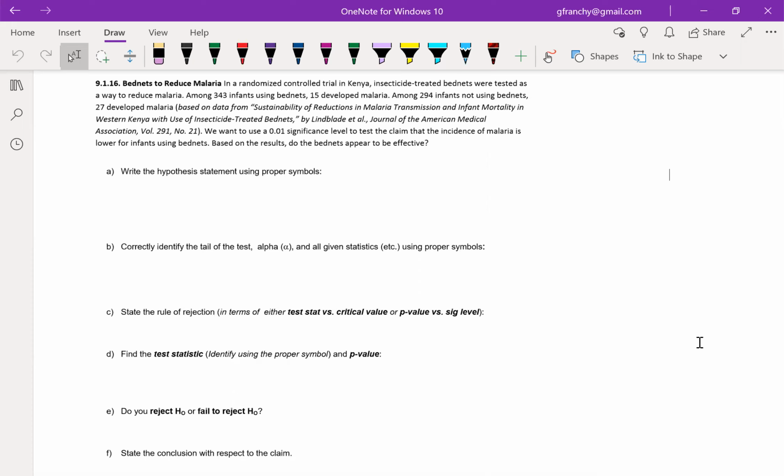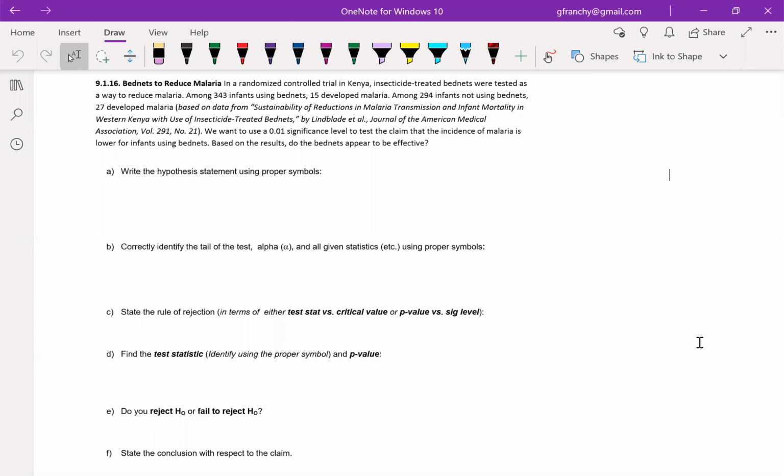Among 294 infants not using bed nets, 27 developed malaria. We want to use a 0.01 significance level to test the claim that the incidence of malaria is lower for infants using bed nets. Based on the results, do bed nets appear to be effective?